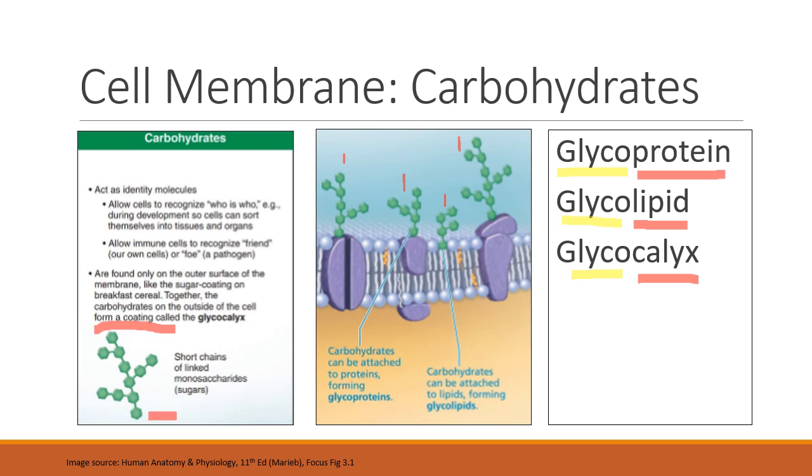Here is an example of some sugars that might be linked together, short chains of monosaccharides. Each one of these little green dots would be a monosaccharide, and as they're joined together, they can kind of make this particular shape. And the shape of these molecules then determines the function of the molecules for what they do.